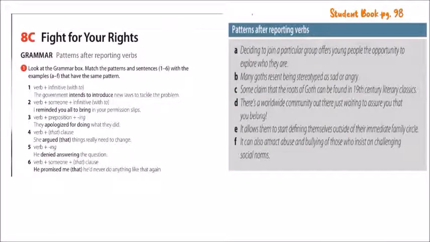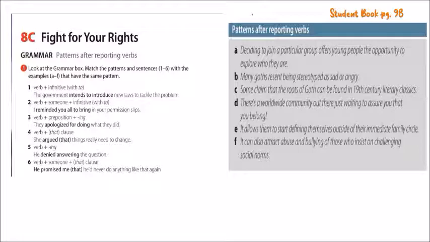On exercise number 1, it says to look at the grammar box and match the patterns in sentences 1 through 6 with the examples A through F that have the same pattern. So let's go ahead and read sentences A through F in that blue box together. Letter A says, deciding to join a particular group offers young people the opportunity to explore who they are. B, many Goths resent being stereotyped as sad or angry.